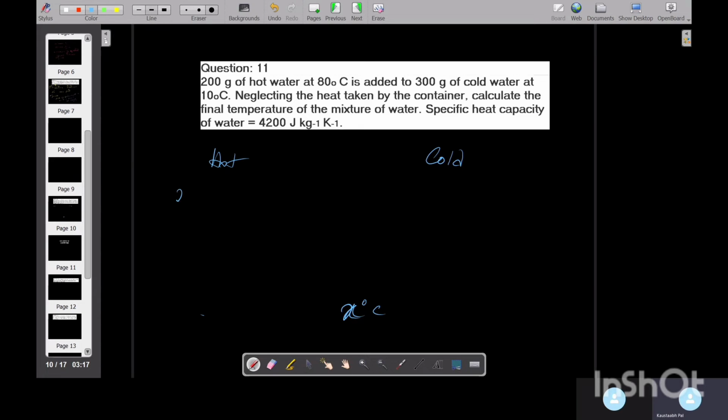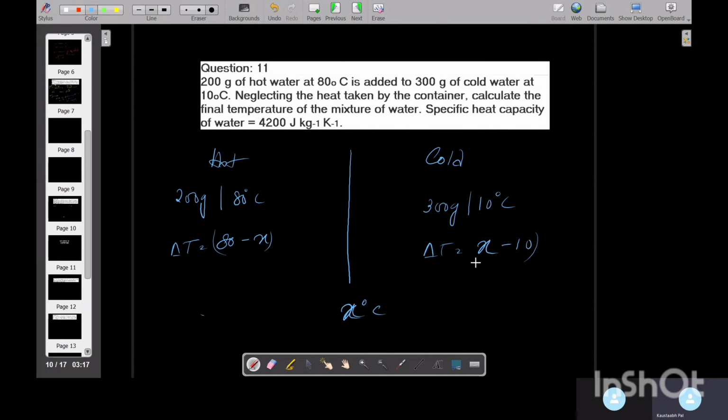So the hot body is of 200 grams, has a temperature of 80 degrees Celsius. The cold body is of 300 grams, has a temperature of 10 degrees Celsius. The hot body will come down from 80 to x, and the cold body will come to the final temperature x from 10.